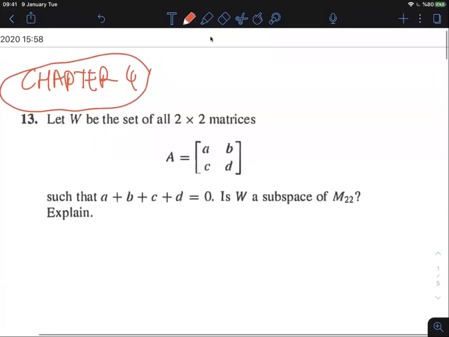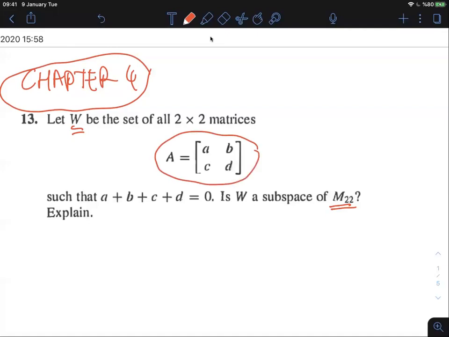So here the example is from M22. So if you remember what is M22, so these are 2 by 2 matrices, right? Okay, so here W is a subset of 2 by 2 matrices. So W is a set of all matrices of this form with this condition: A plus B plus C plus D equals 0.